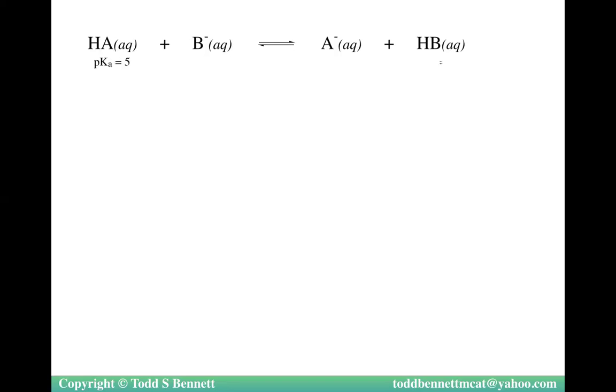So let's say, for the sake of argument, we're dealing with a carboxylic acid and a phenol again, the two acids I seem to throw at you a lot. So lower pK would make that the stronger acid. The higher pK would make that the weaker acid. If this acid is stronger, its conjugate base is weaker. If this acid is weaker, its conjugate base is stronger.